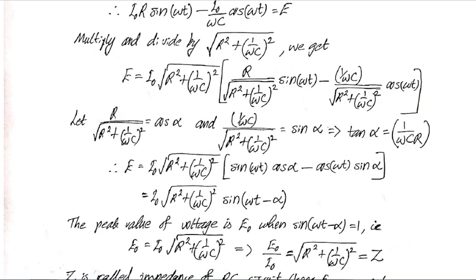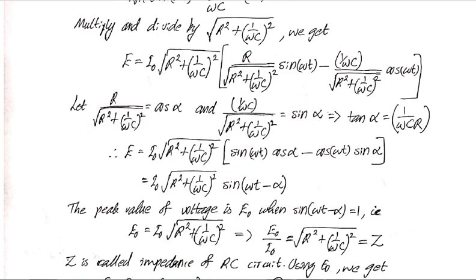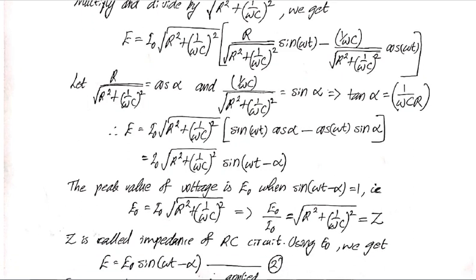It is called the impedance of the series RC circuit. Now using E0, we get this expression E equals E0 sin omega t minus alpha. That is equation number 2.